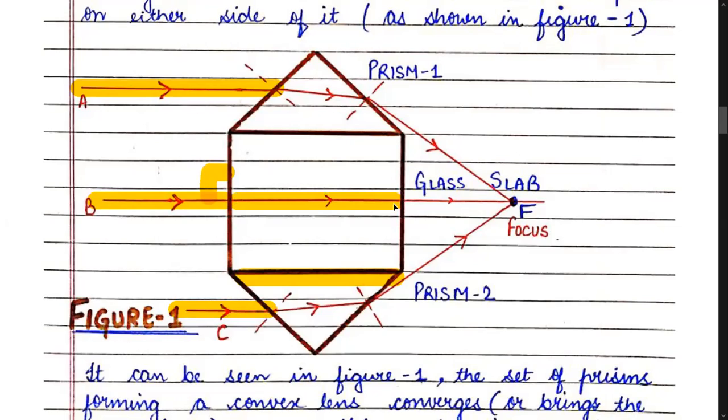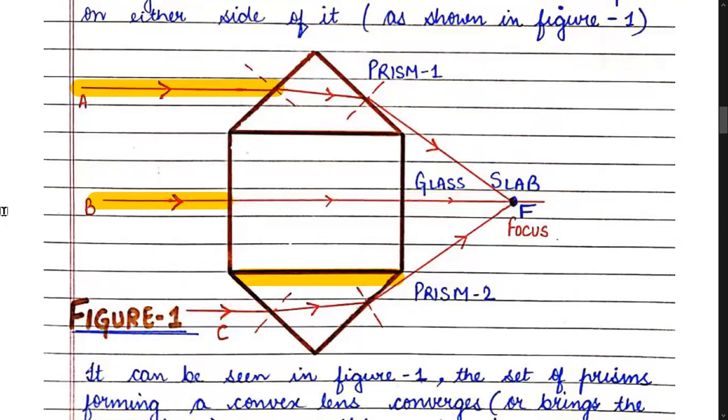Rather, it will follow the same straight path. So ray B is coming as it is to the other side of the glass slab without change in its path. For ray B, refraction is occurring, but the ray is not changing its path because it is a case of normal incidence.